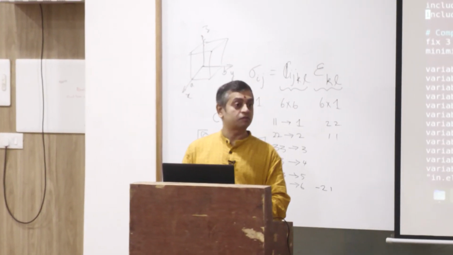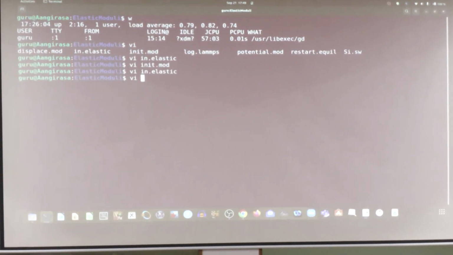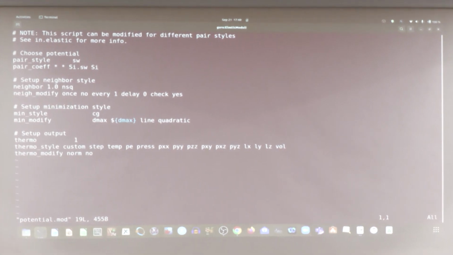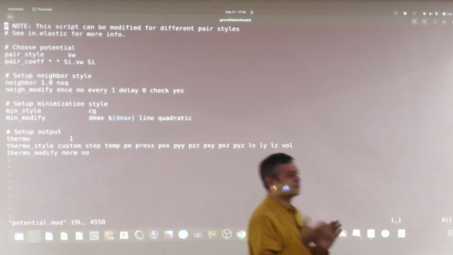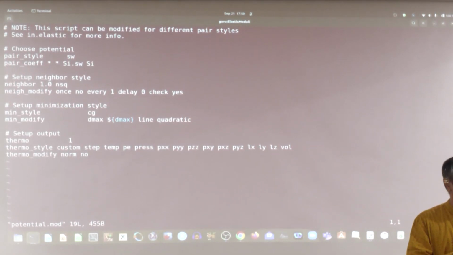Include potential.mod. What is the potential module? Pair style is SW. Do you know what SW is? Stillinger-Weber. Okay. That is a very common potential used for silicon.